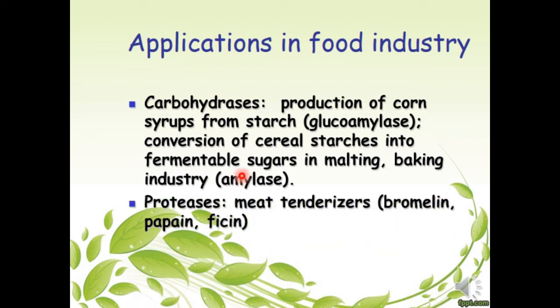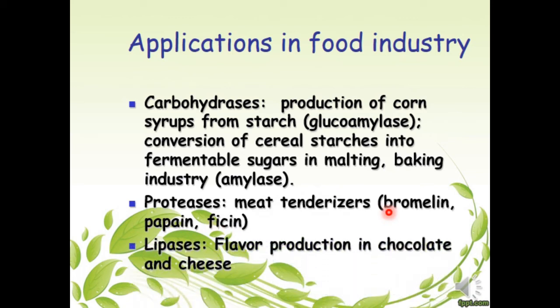Next is protease, a group of enzymes, specifically bromelain, papain, or ficin, as meat tenderizer. This is an example of desirable lipase activity in the production of chocolate and cheese flavor.